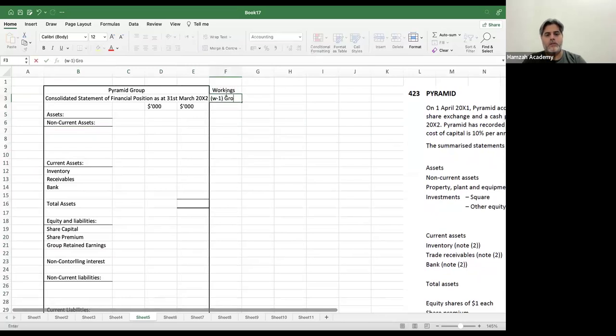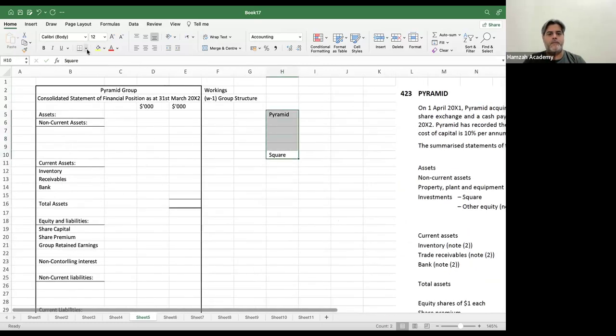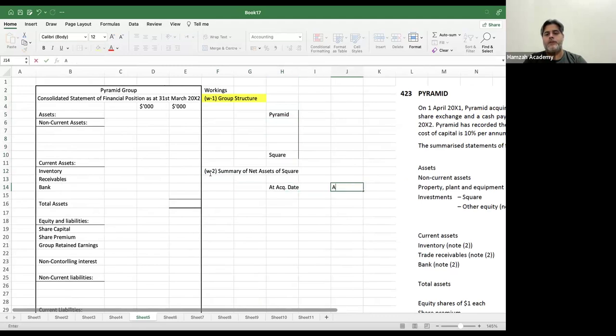Working 1, group structure. We have Pyramid, we have Square. Working 2, summary of net assets of Square, net assets at acquisition date, at reporting date.